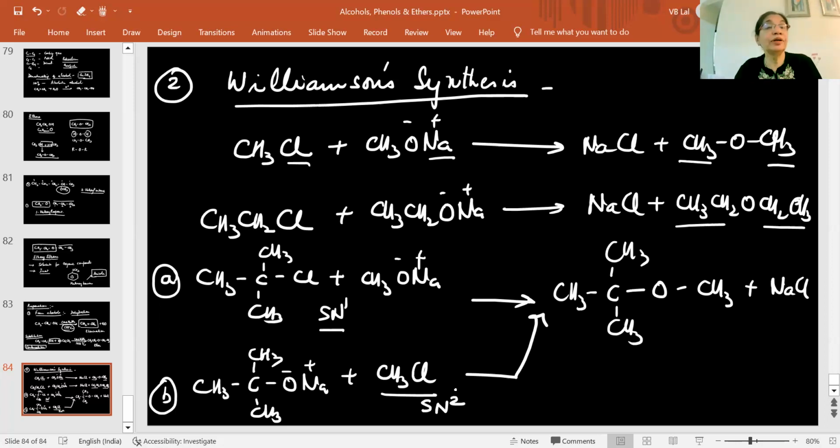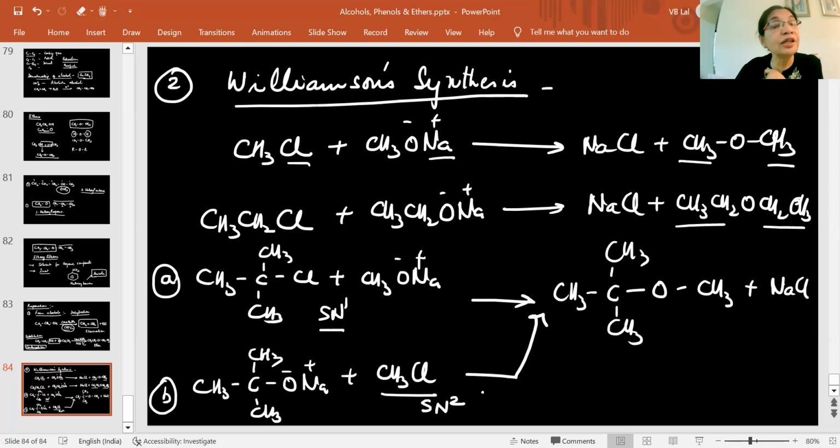Now you should remember this sentence always. There is always a competition between substitution and elimination. If your substrate is a primary alkyl halide, or if the reaction is by SN2 mechanism, then the major product is a substitution product.